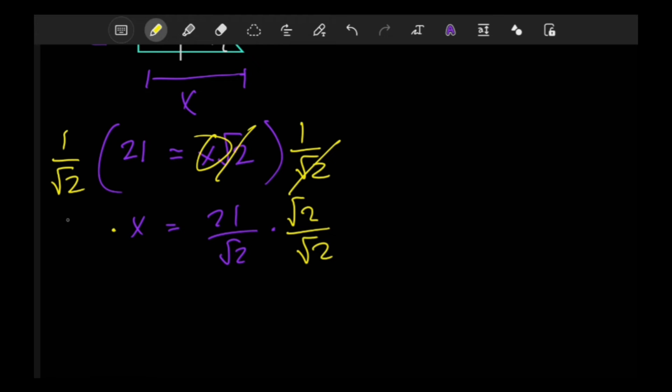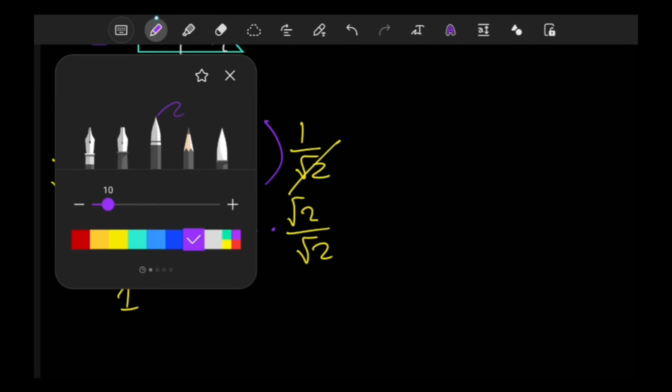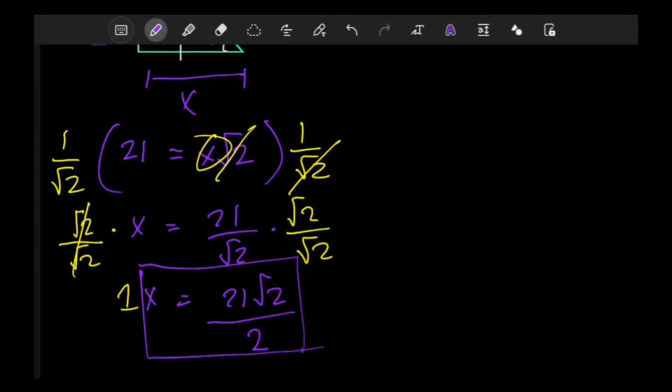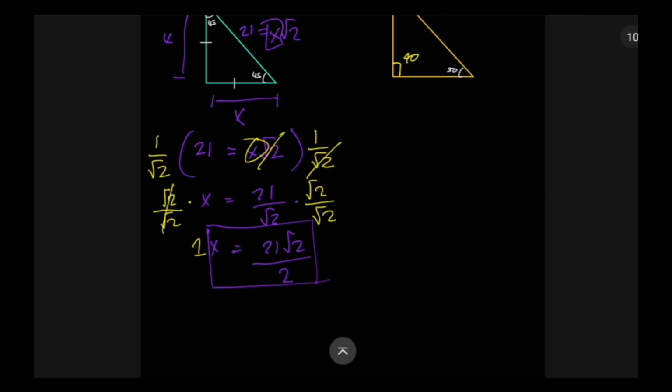Just to make things clearer, we can multiply both sides by this, because if we divide this, it will just be equal to 1, so it becomes 1x. 1x equals 21 times the square root of 2, and square root of 2 times square root of 2 is just equal to 2. So therefore our x is 21 times the square root of 2 over 2. So that is our final answer.